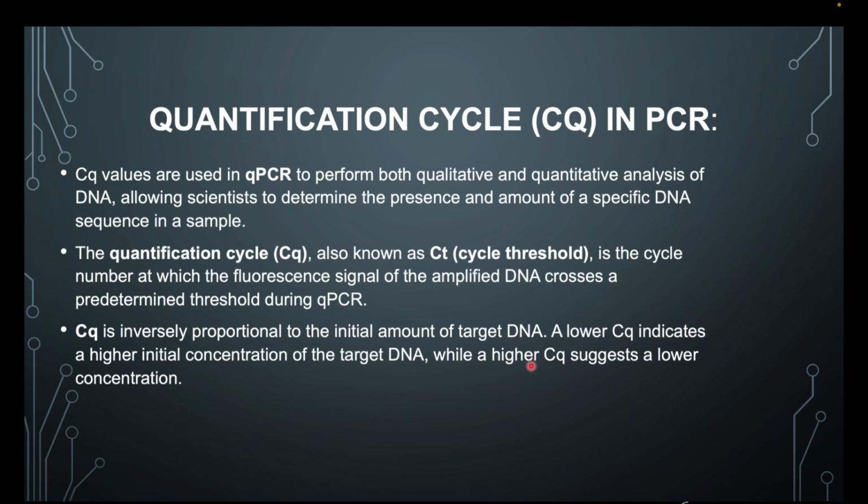That means when you put your sample in the qPCR thermocycler, after a certain point you see fluorescence. That means a light coming out that you can get through the signal on the screen. So that's what we know through the CQ value.